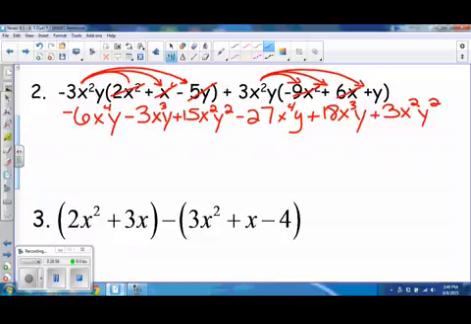Okay. So we have an x to the 4th y here, and an x to the 4th y there, right? So that means they're like terms. They both have the same variables and the same exponents. So we can combine their coefficients. That's the numbers in front of them. So negative 6 and negative 27 is what?